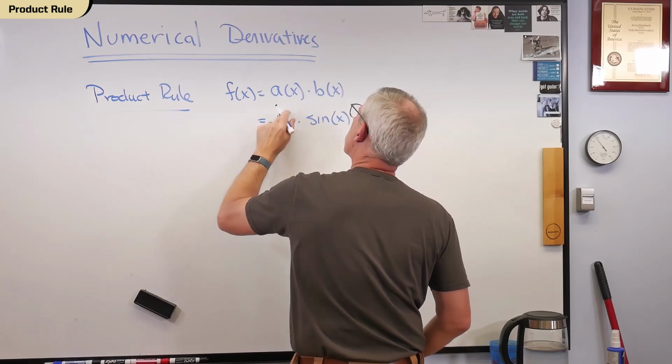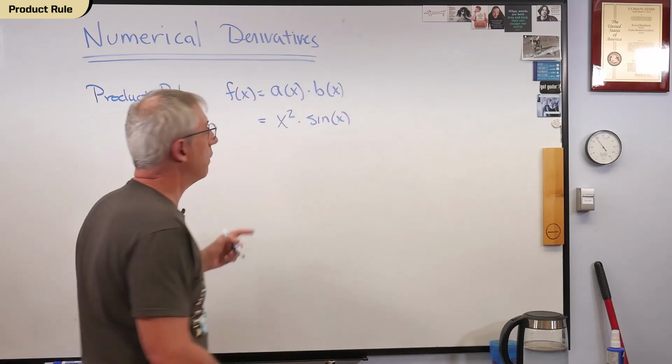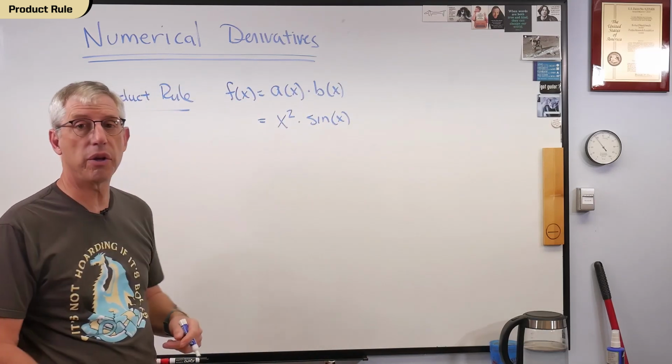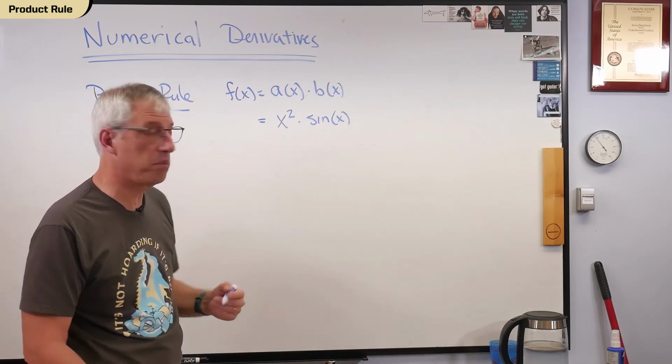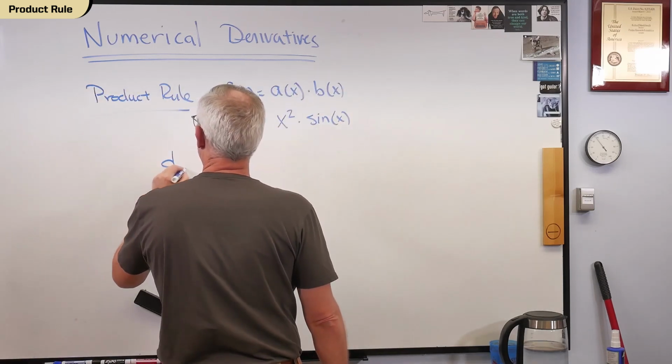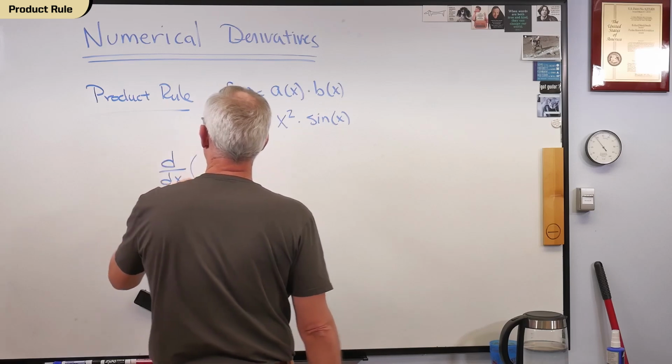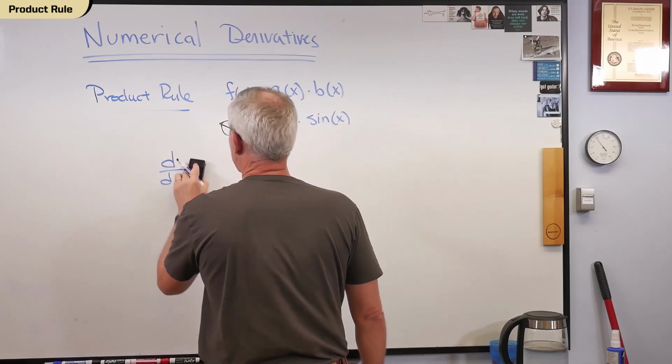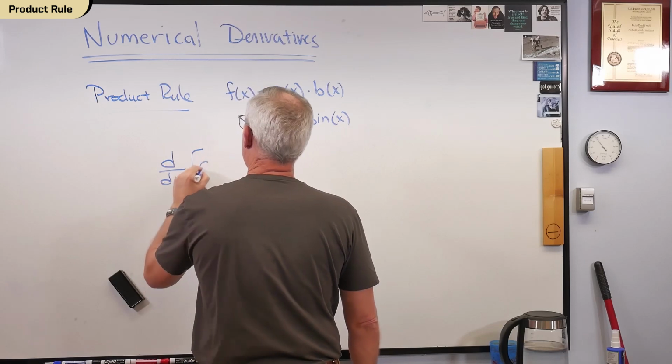Okay, hang on, let me make a better 2, there we go. Now, that's a function that's just the product of two other functions. A of x equals x squared, b of x equals sine x. So, the derivative with respect to x, and let me write this down here. That looks better.